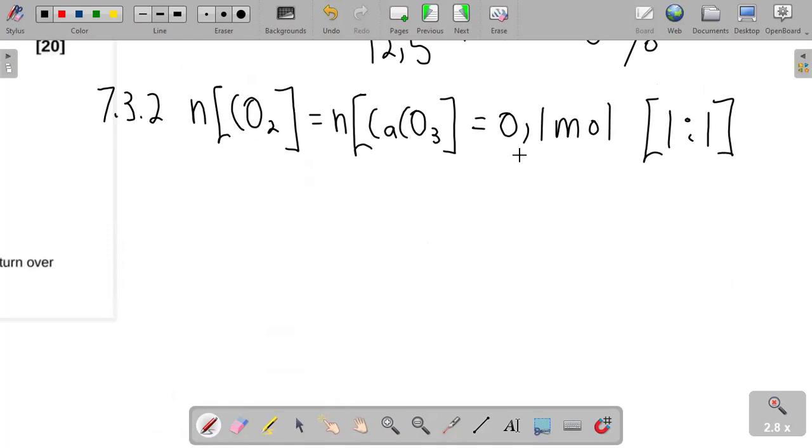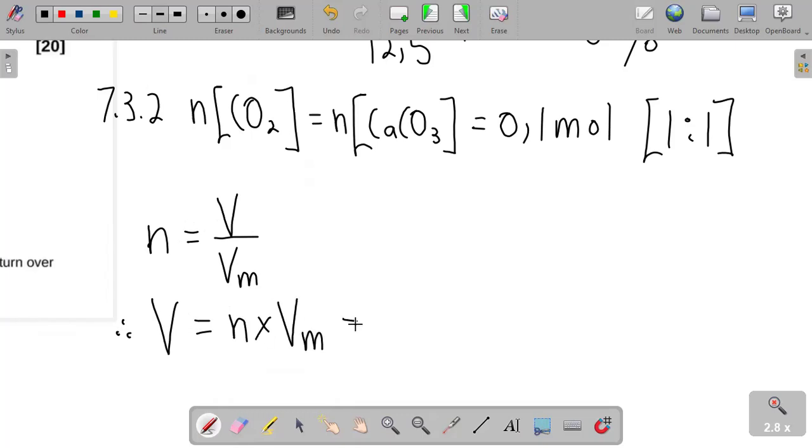Which is 0.1. So then when we have that, we can come here and say n equals V over Vm. And then we can say V equals n multiplied by Vm. And then we can use the number of moles that we found there, 0.1 multiplied by 22.4.